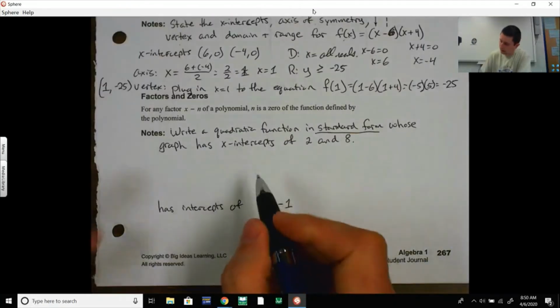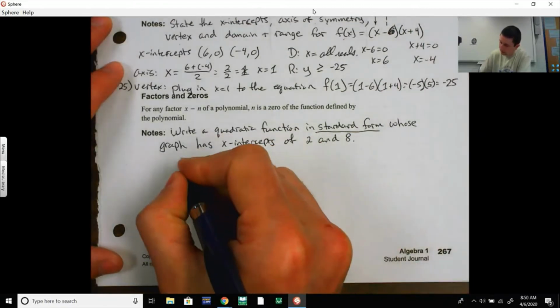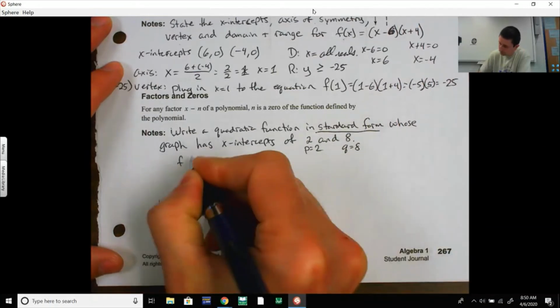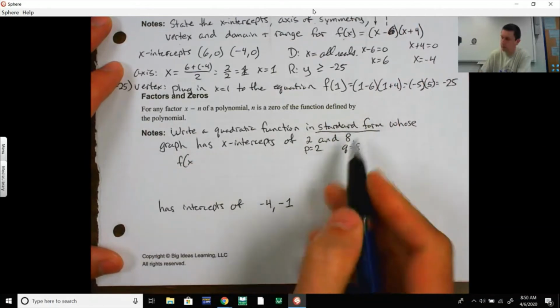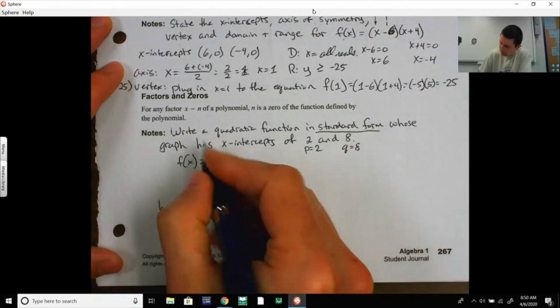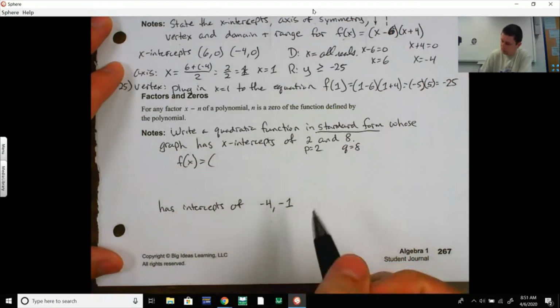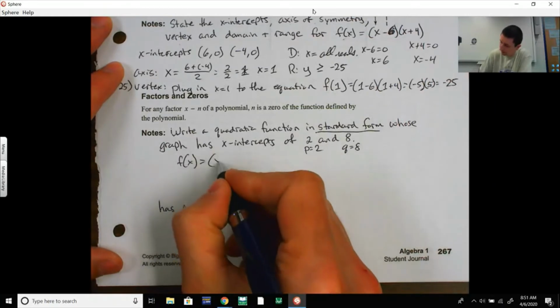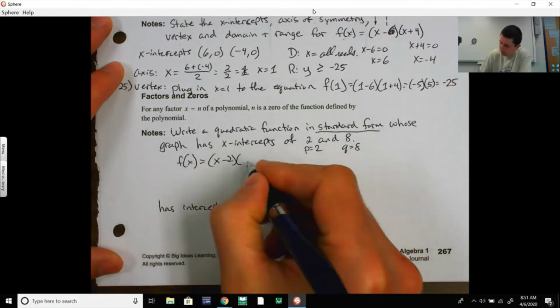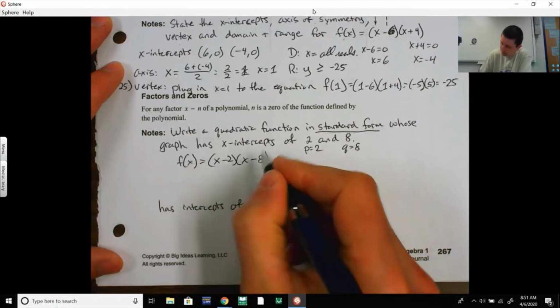Okay, so x-intercepts of 2 and 8. So this is your p. P equals 2, q equals 8. P can be 8, q can be 2. It doesn't matter. Don't get hung up on that. Okay, our a is just going to be 1. We're going to assume it's going up. So it's x minus p, so x minus 2, times x minus q, so x minus 8. Now we double distribute.